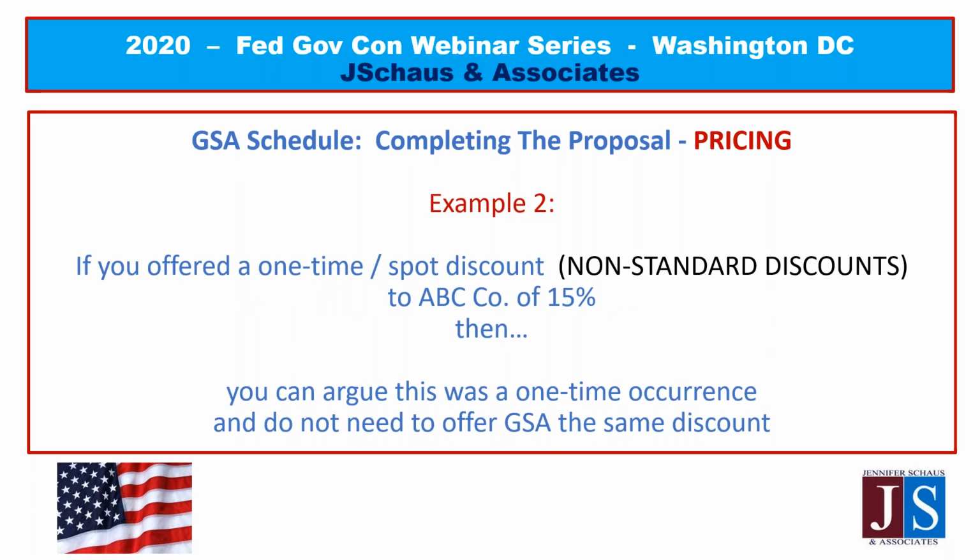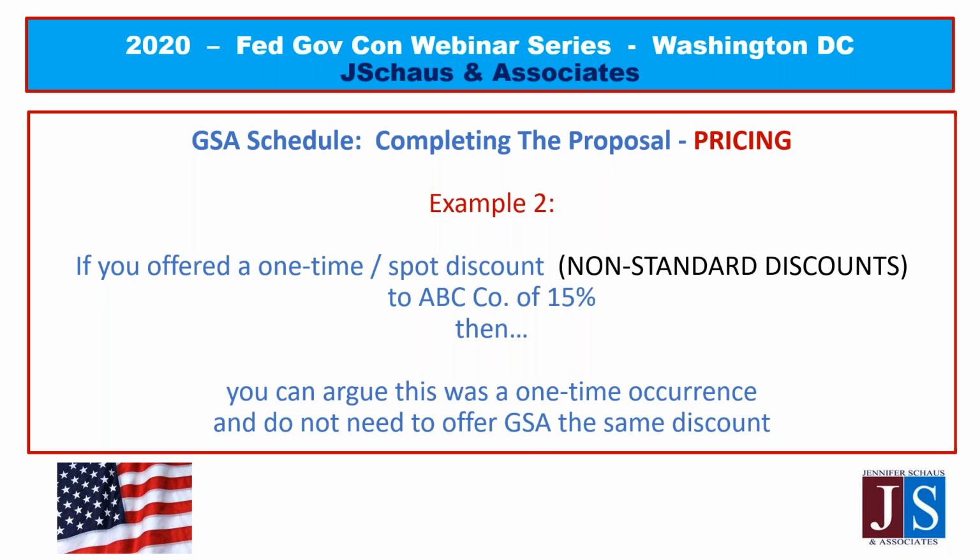Now, as I mentioned, if you are offering this one-time spot discount, either to win the business because your company was brand new or because it was a once-in-a-lifetime offer to be a subcontractor to Northrop Grumman and do work at Department of the Navy, and that's why we took it.